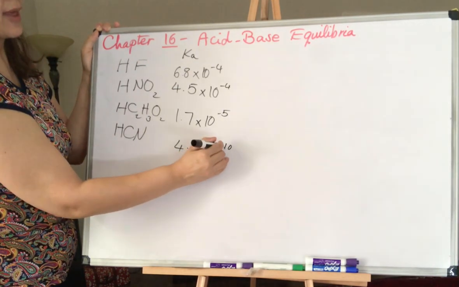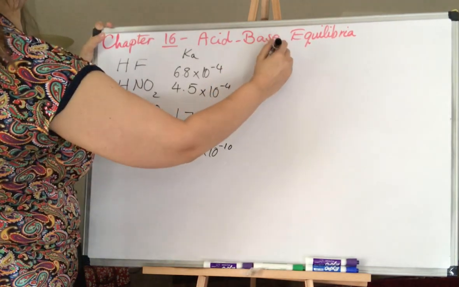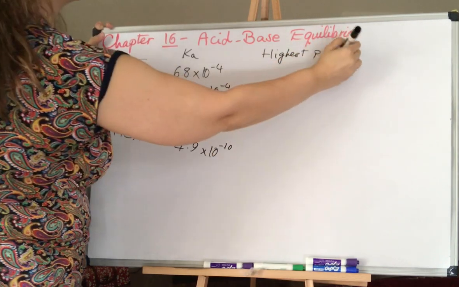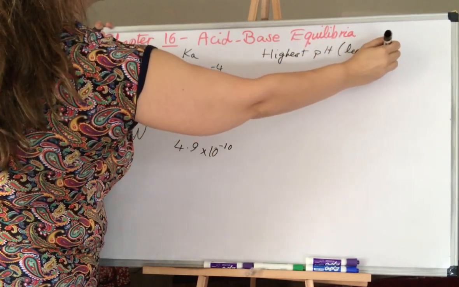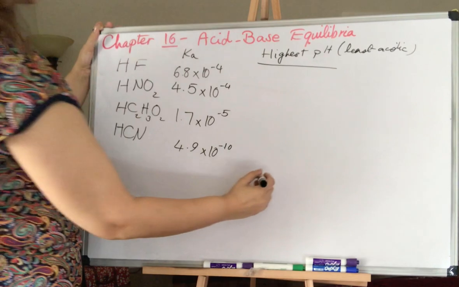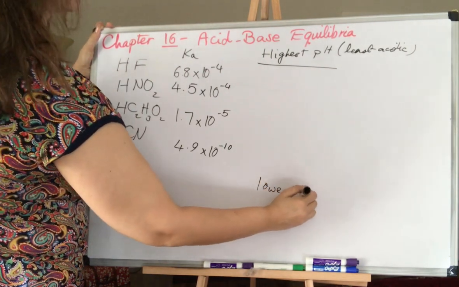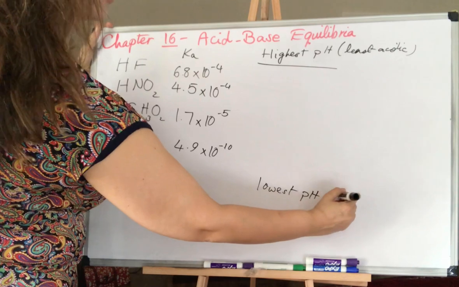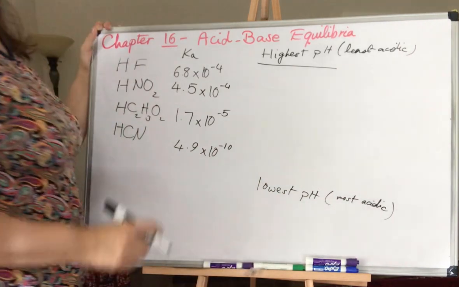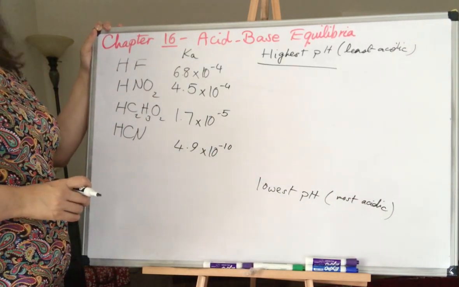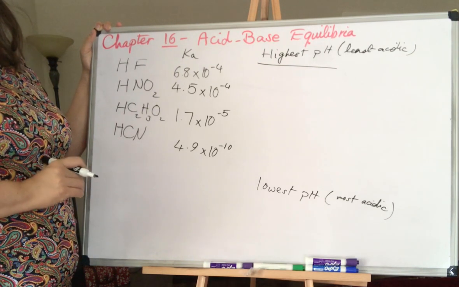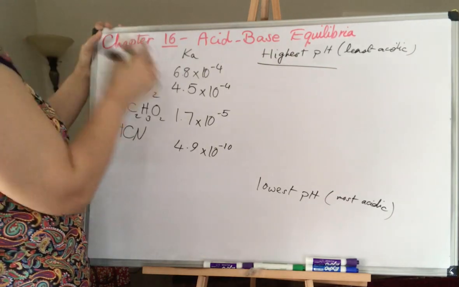If we want to rank them by decreasing pH, highest pH meaning least acidic, to the lowest pH, most acidic, we just need to pay attention to Ka values. The relation between pH and Ka values is this.